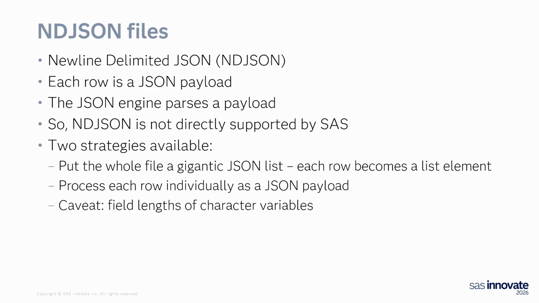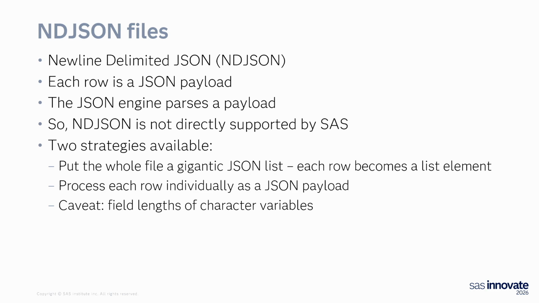So start at, something equals, and put the left bracket there, substitute comma for all the new lines that you find in the file, and then put the closing bracket, and there you have it. That will be a single JSON payload as far as SAS is concerned, and then you're either happy or not happy with the way that SAS handles the potentially ginormous payload.